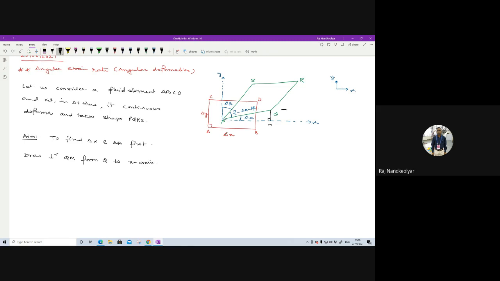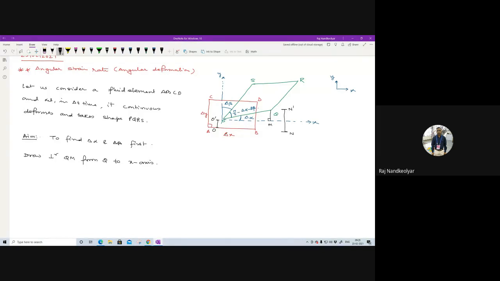In order to find QM, let us say this is n prime, and let us say this is O prime.